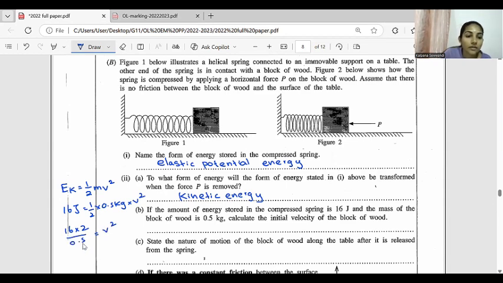So let's see how to solve this. 32 by 0.5, v square, finally we get 64. 64 means v is 8 meters per second. So v is 8 meters per second. So this is structured as an equation. You must write the answer with the standard units.